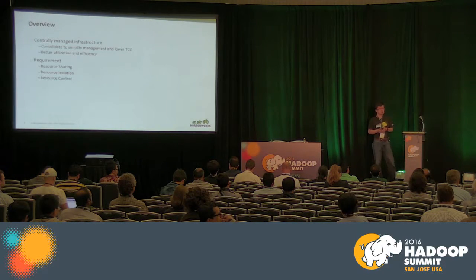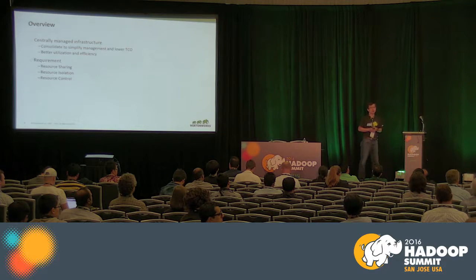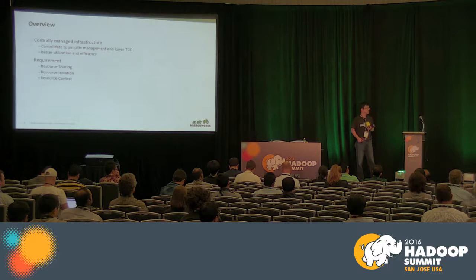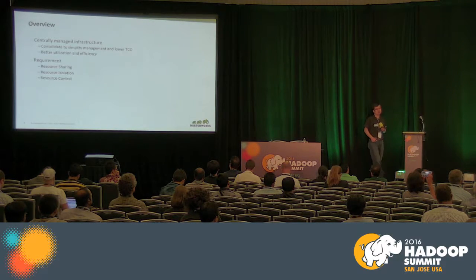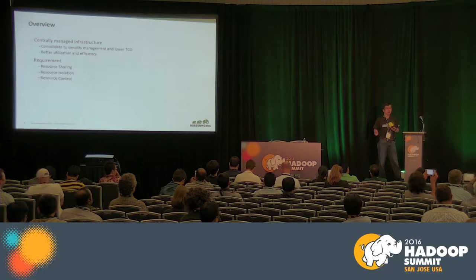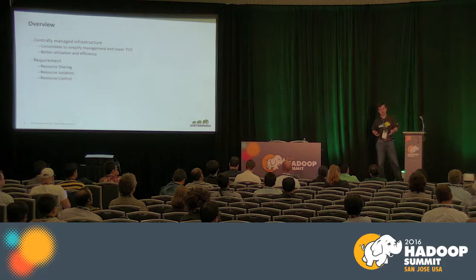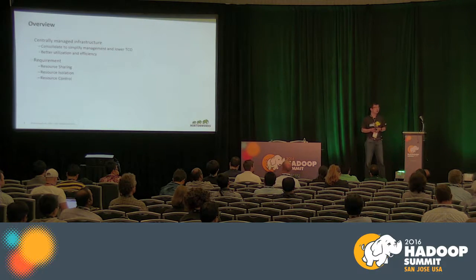For a multi-tenant Hadoop cluster, the basic requirements we categorize as three pillars. The first and most important is resource sharing. With resource sharing, you can put all kinds of different workloads, such as batch and streaming, and also some low latency workloads, all sorts of workloads can run within the same cluster.